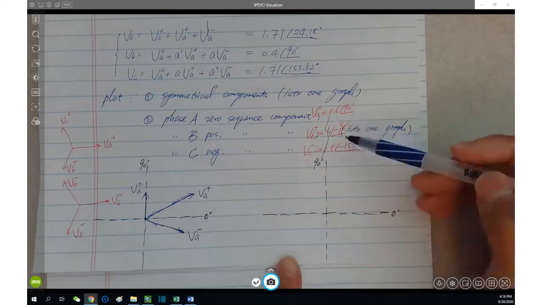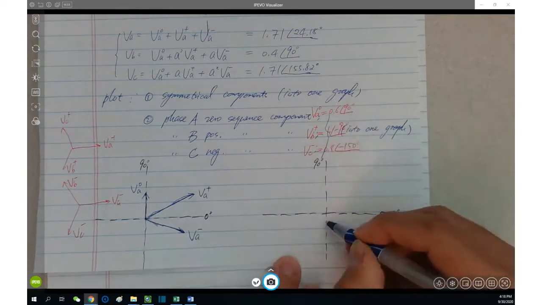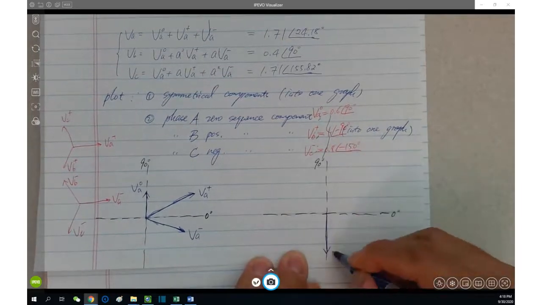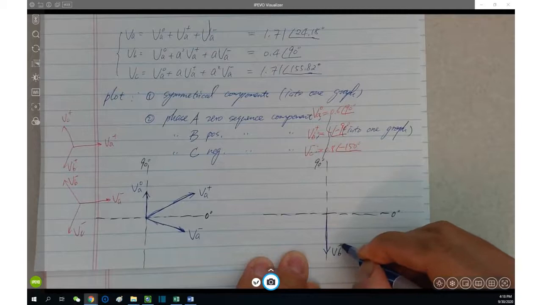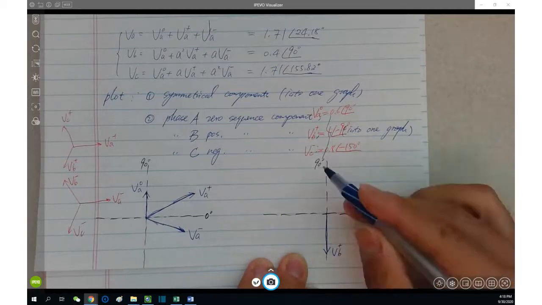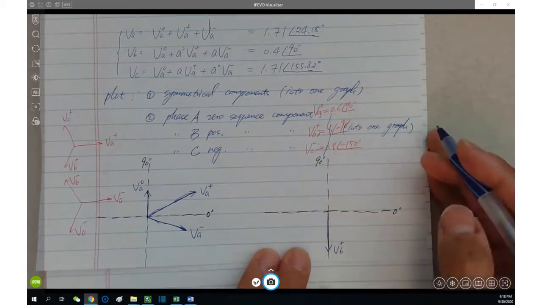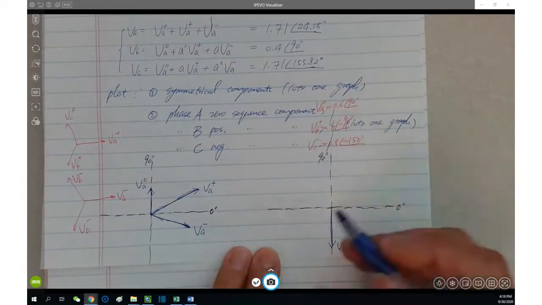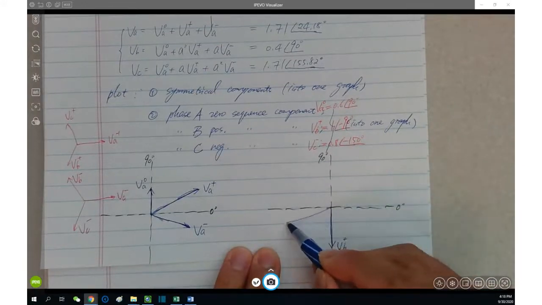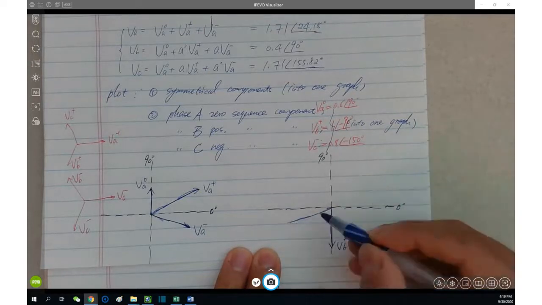Once again, it's 1, 0.8, 0.6. So we begin with one, negative 90 degree here. Being clear, this is VB plus. And then VC minus, negative 150 degree. Negative 150 degree is how much? It's about here. However, it's 0.8, so it cannot be that long.